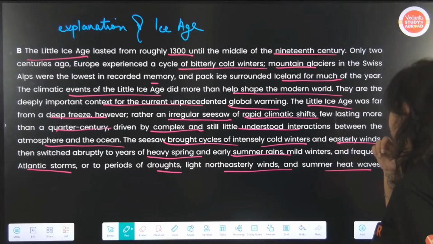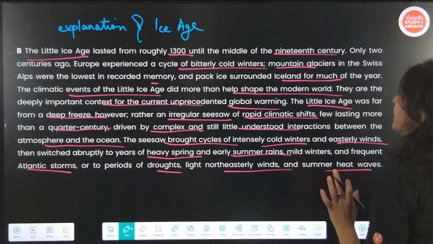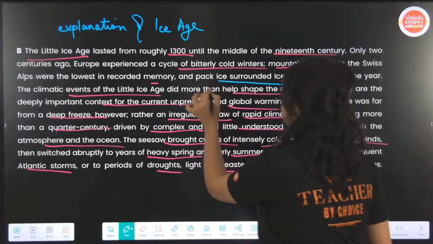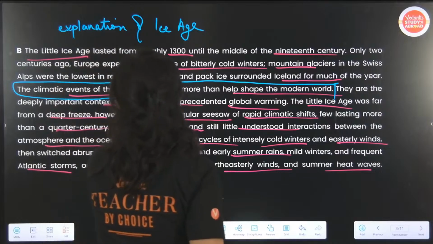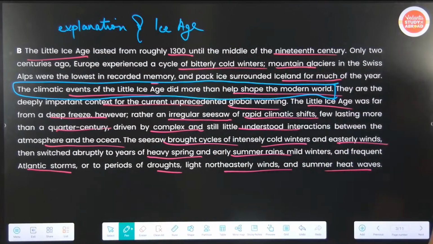And here, if you look at the context of why this is being explained, the climatic events of the Little Ice Age did more than help shape the modern world.